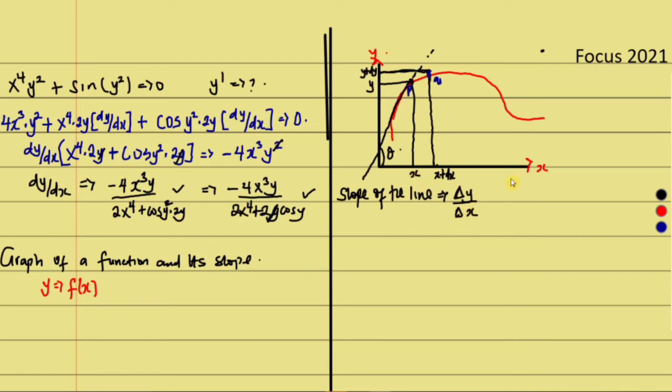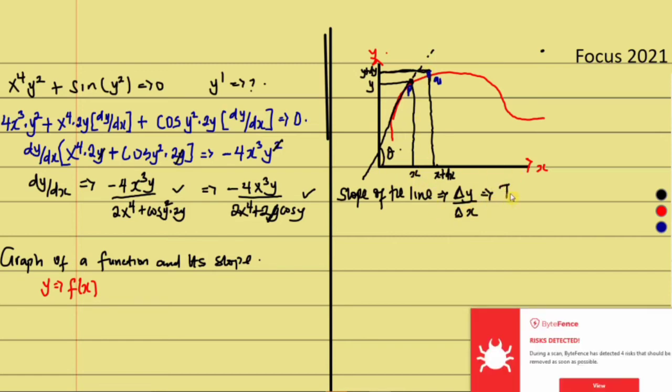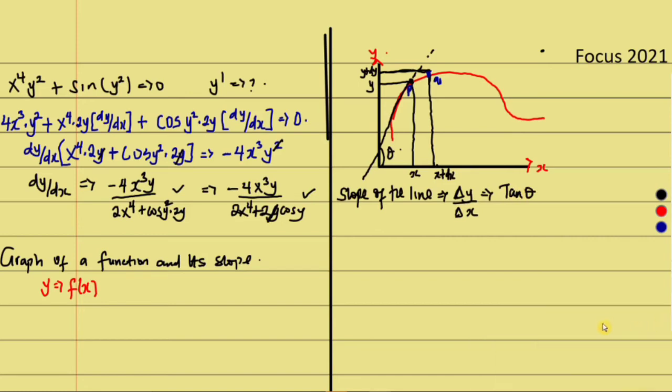And if we go by this, we are going to have what we call tan theta. So in this case, we can see that tan theta is the same thing as the slope of this line at the point P. We always keep that in mind, that tan theta is the slope of the function, and sometimes slope is symbolized by m.